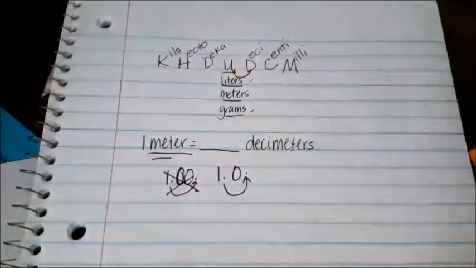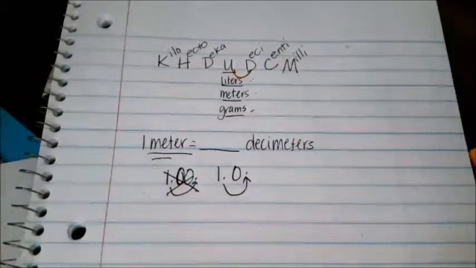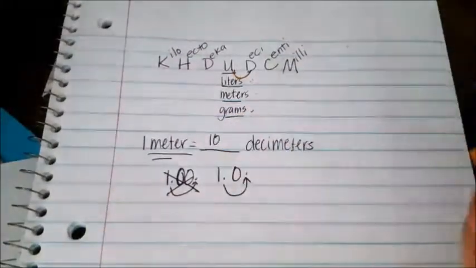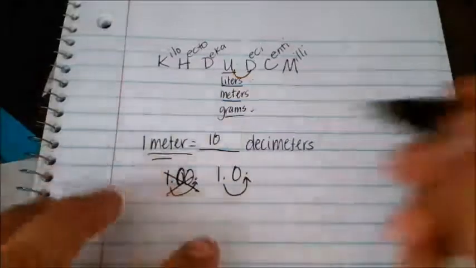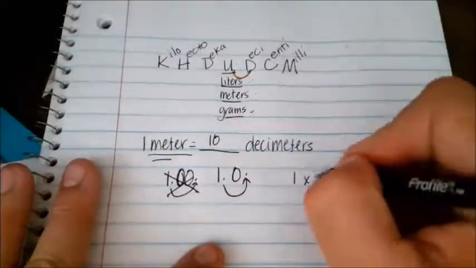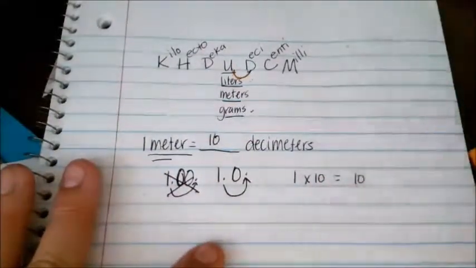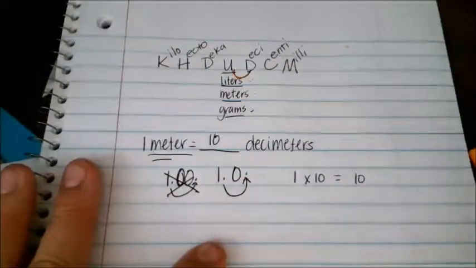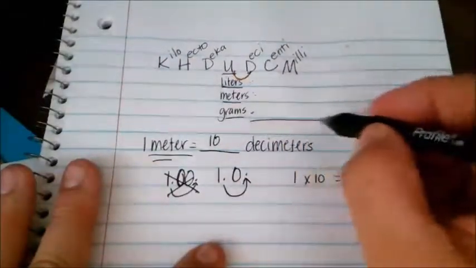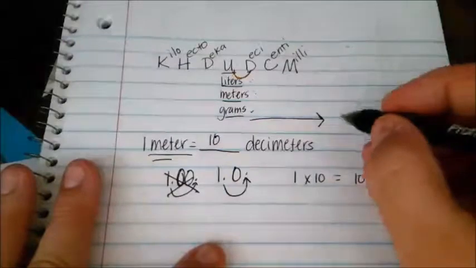I went from 1 to what? Yash. 1 meter is 10 decimeters. So you know what I did? All I did was take 1, and I multiplied by 10, and that equals 10. So when you're going this way, you are multiplying. When you move this way, you are dividing.